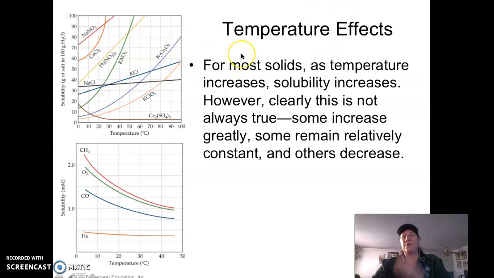And then there are temperature effects. And today I'm going to have you do an assignment similar to this. But when you increase the temperature, in most cases, you increase the solubility, okay? It's not always true, but for most. And if you're talking about gases, it's just the opposite. If you increase the temperature, you decrease the solubility.